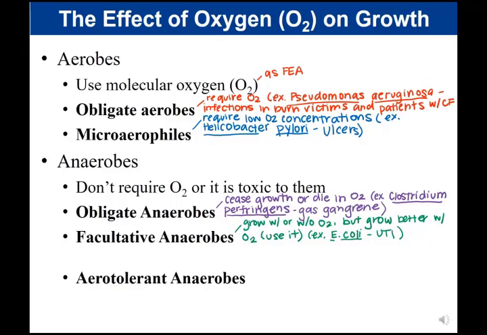And the last one is going to be our aerotolerant anaerobes. Aerotolerant means that they tolerate O2, but they don't use it. So we're going to write: can grow in O2, but don't use it.